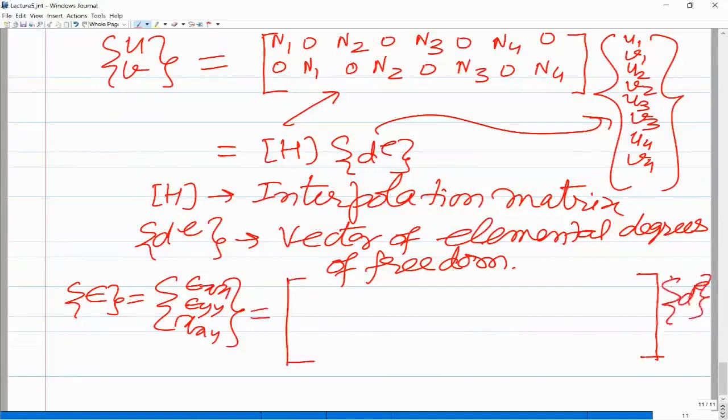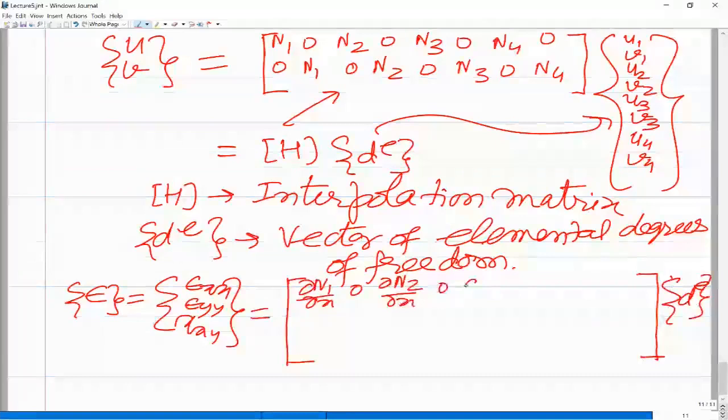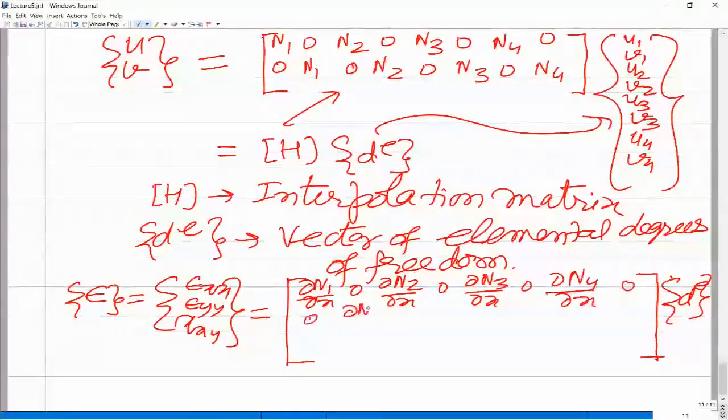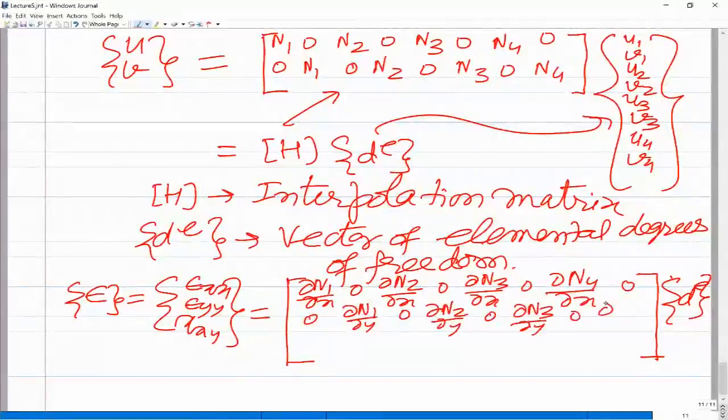So epsilon xx is del u by del x, and del u by del x can be written as del n1 by del x into u1 plus del n2 by del x into u2, and so on. So you can write this as del n1 by del x 0, del n2 by del x 0, del n3 by del x 0, del n4 by del x 0, and similarly epsilon yy: 0, del n1 by del y, 0, del n2 by del y, 0, del n3 by del y, 0, del n4 by del y, and gamma xy would be del u by del y plus del v by del x.